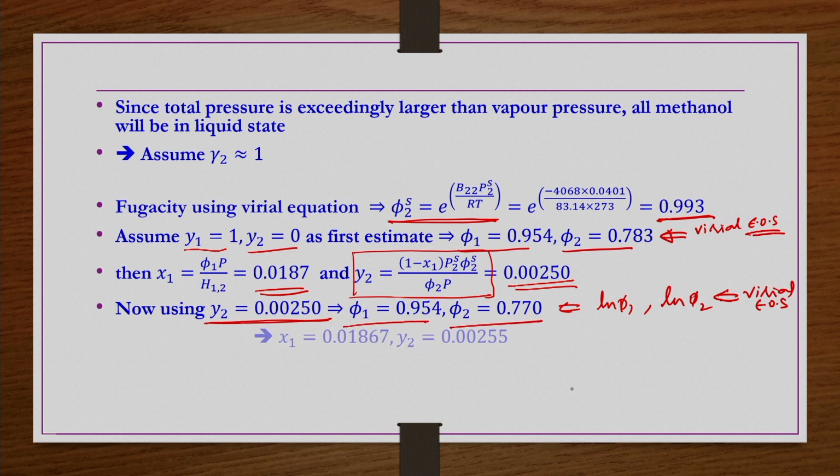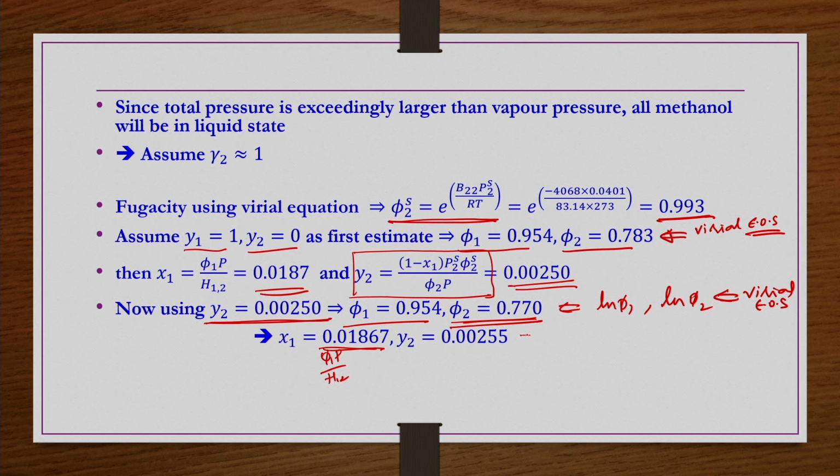Once you have this phi 1 and phi 2, then x1 is again phi 1 p by H12. Phi 1 p in the second case is 0.954, after the second iteration it has not changed much. So, you are getting the same x1 value, but in the second trial phi 2 has changed significantly. First trial phi 2 is 0.783, now for the second trial with assumption y2 0.0025, it has come as 0.770.